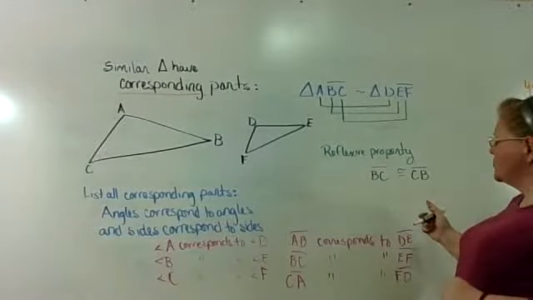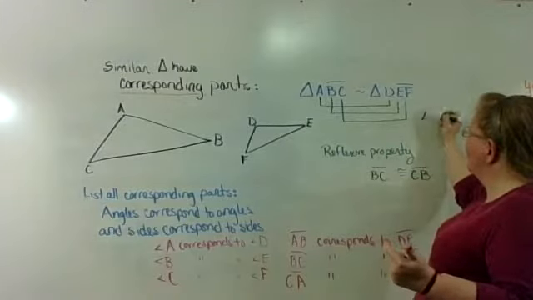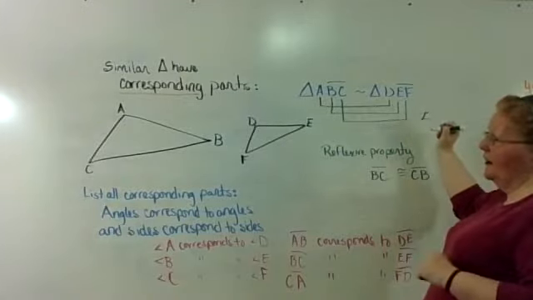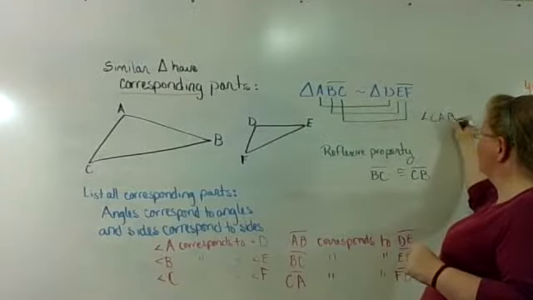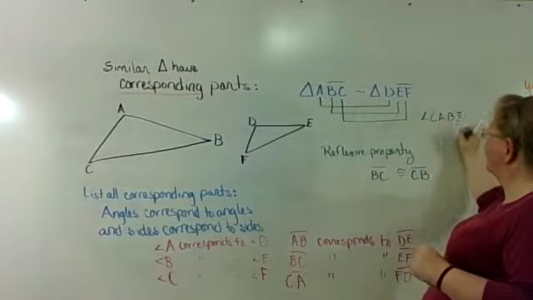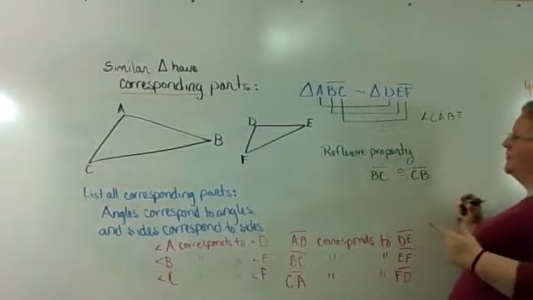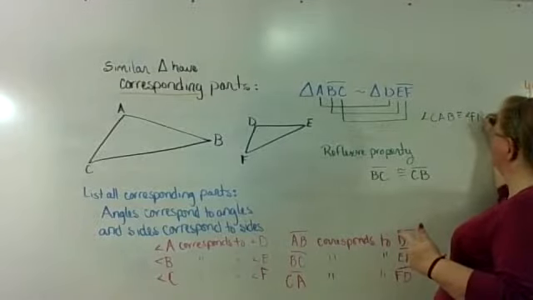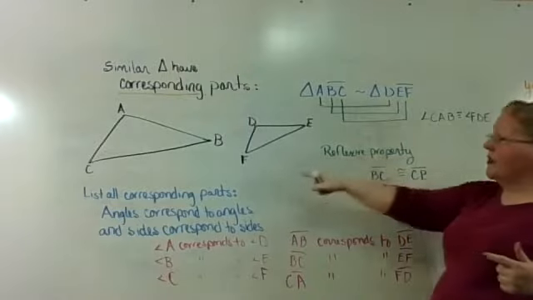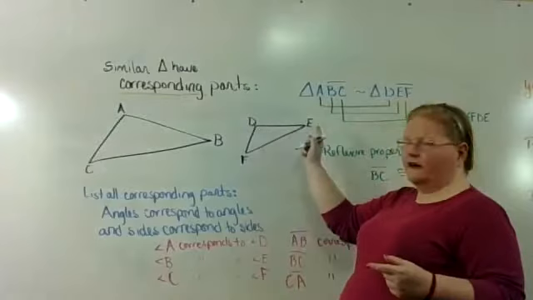Same thing works with angles. If I listed, instead of just calling it angle A, angle CAB, and I wanted to call it congruent to an angle, the angle I would have to choose would have to be angle FDE, because I have to call them out in the exact same order of corresponding parts.